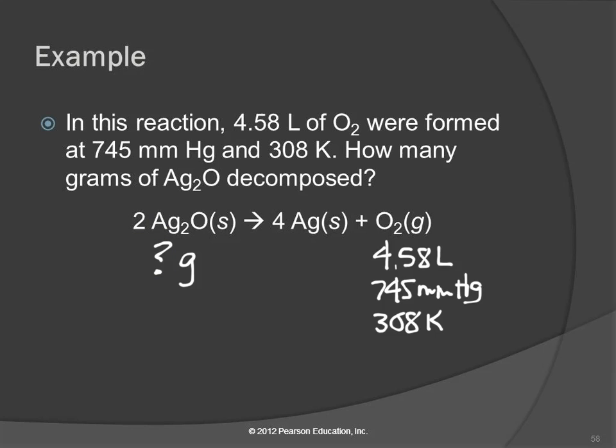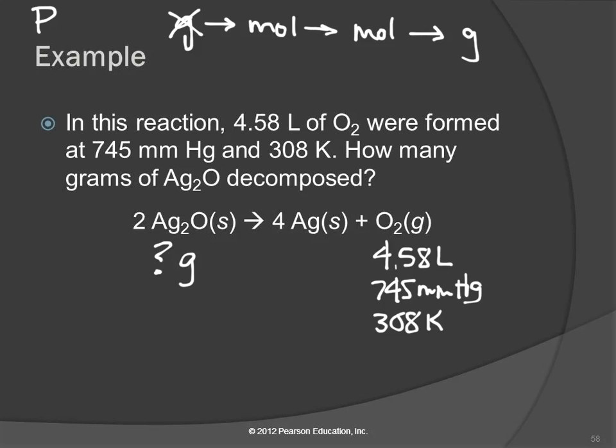So then this is looking like stoichiometry, and so we say grams to moles to grams. And here at the end, it is asking us for grams. But are they giving us a mass for what we're starting with? No, they're not. So we just need to change this first step.